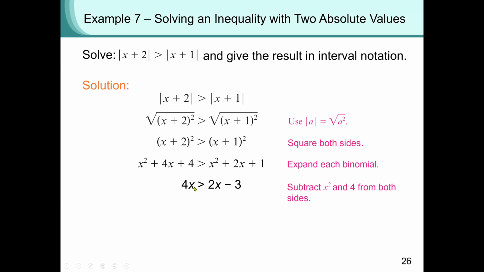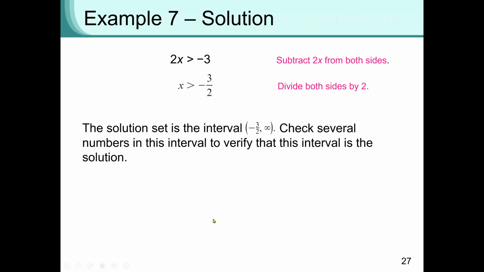So here we get 4x greater than 2x minus 3. The next option, we can cancel 2x. So we have minus 2x minus 2x. So that will give us 2x greater than minus 3. Then we divide by 2 to find the value of x. So our final answer will be negative 3 by 2.